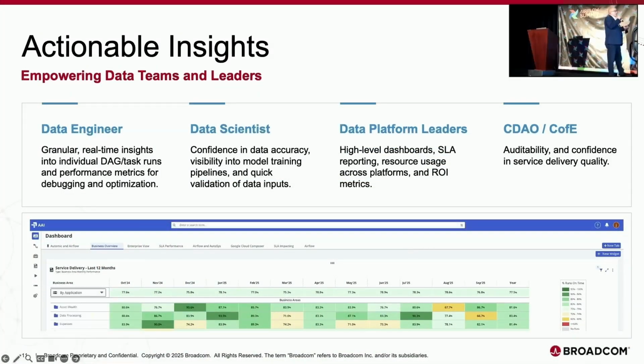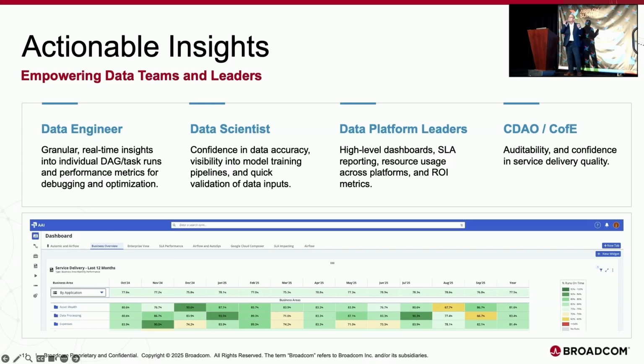When I speak to our customers and to enterprises across the globe, it's clear that there are 4 personas that really, really do care about Airflow the most. From our data engineers needing to gather those real-time insights, being able to gather the performance metrics that they need. For the data scientists that really need confidence in their data accuracy, they need to be able to quickly validate data inputs.